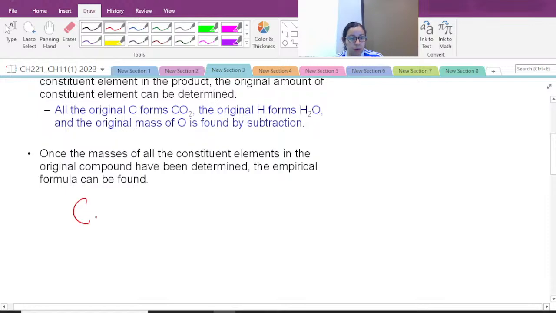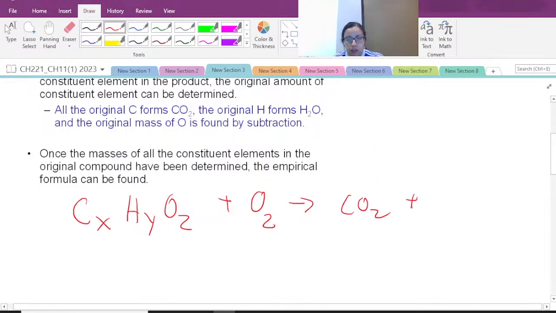So we have some sort of organic, so carbon, hydrogen, oxygen, right, we don't know what they are. And then obviously we're going to burn it with excess O2 to give us CO2 and water. And so, right, what it's telling us is, okay, well, how can we figure this out? Well, we're going to get some amount of CO2 out.